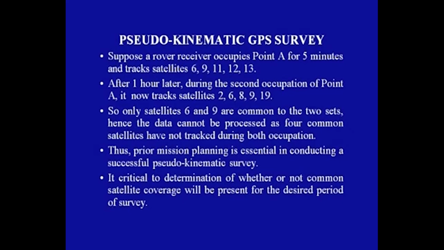So, only satellites 6 and 9 are common to the two sets, hence the data cannot be processed as 4 common satellites have not been tracked during both occupations. Thus, prior mission planning is essential in conducting a successful pseudo-kinematic survey. It is critical to determine whether or not common satellite coverage will be present for the desired period of survey.